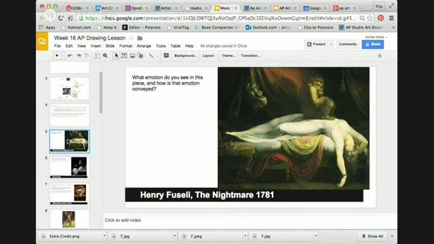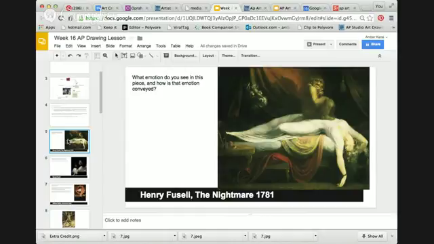So this first piece that we're looking at, because we have a group that's doing Japanese-inspired work, and then we have a darker, more fantasy group in this class, so there's a little bit of both.